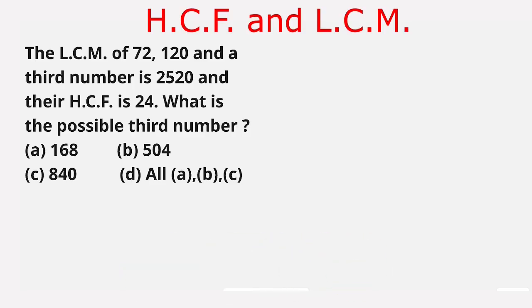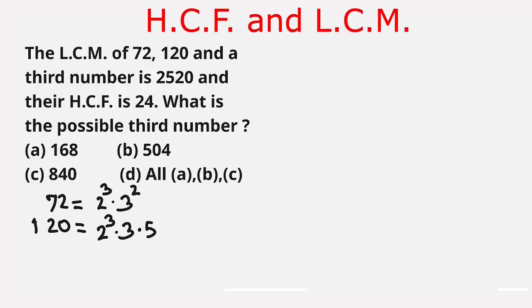We prime factorize all given numbers. 72 is 2 to the power 3 multiplied by 3 to the power 2, as 2 to the power 3 is 8 and 3 to the power 2 is 9 and 8 times 9 is 72. 120 is 2 to the power 3 multiplied by 3 multiplied by 5, and HCF is 24, and 24 is 2 to the power 3 multiplied by 3.